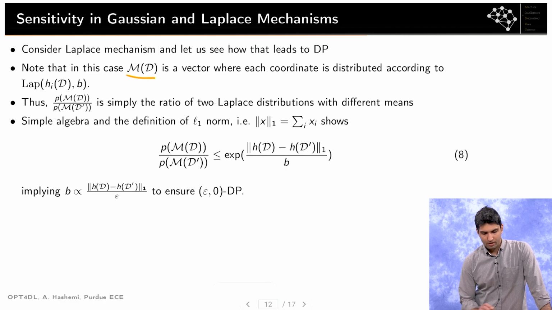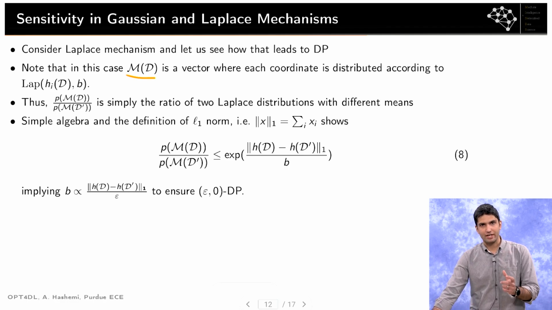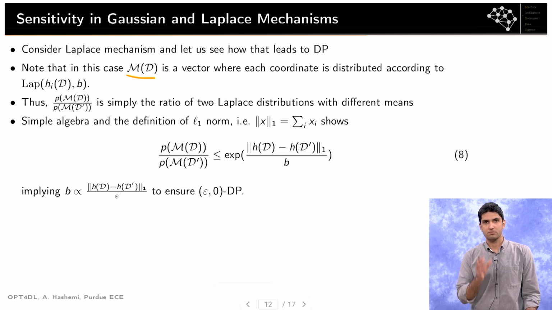In our case, the mechanism is just some vector that takes the original outcome, which was also a vector, and adds another vector to it, where each coordinate is an independent random variable distributed according to the Laplace distribution. So each coordinate is distributed according to the Laplace distribution, where the mean is basically the original outcome. I use h_i to refer to the ith coordinate, and the variance is b squared or 2b squared. In other words, the standard deviation is something like b.